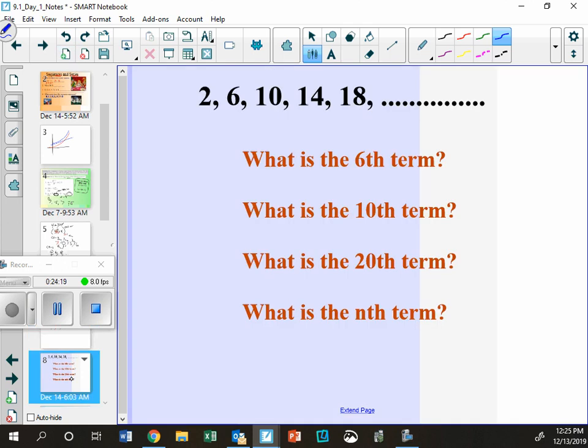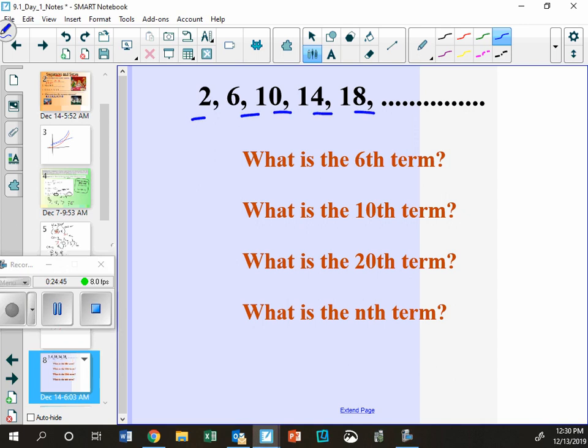Excellent. Get to this slide right here. You should be able to answer it, easy peasy. I'll pause for a second while I give that a try. All right, so what's the sixth term? 1, 2, 3, 4, 5.